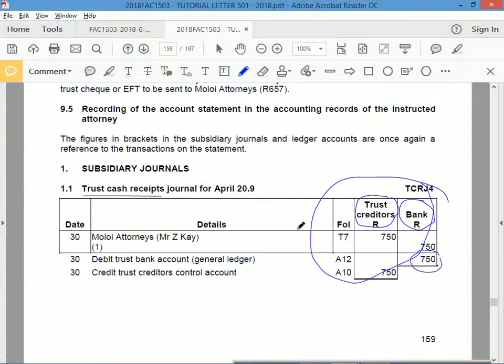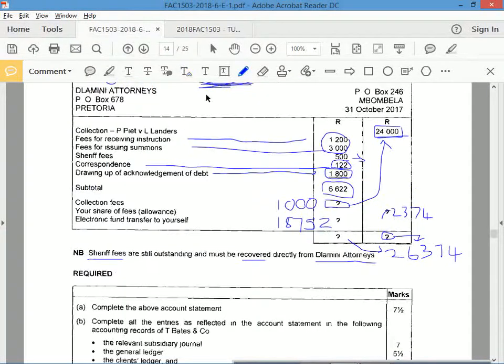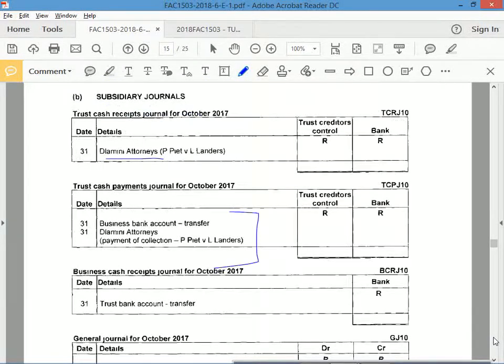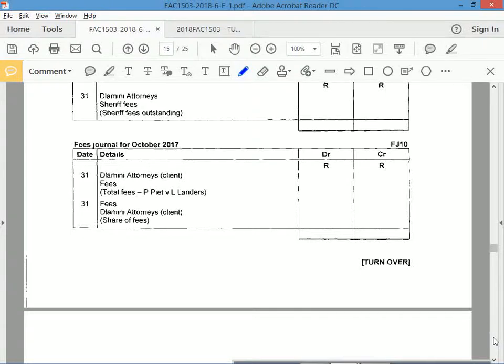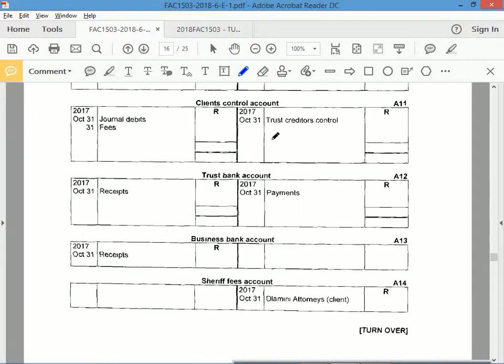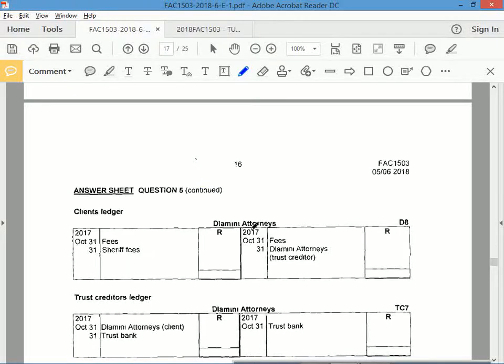We would have included that here. Where's the T account? Here's the T account. Trust bank account, there. Receipts, there. 24,000 would go there. And then where's the other account? Here, Glamini's attorneys.